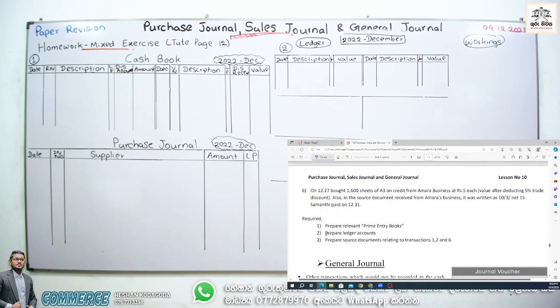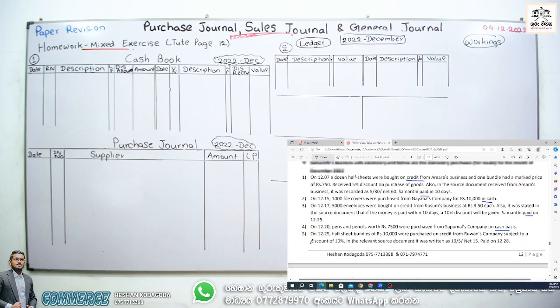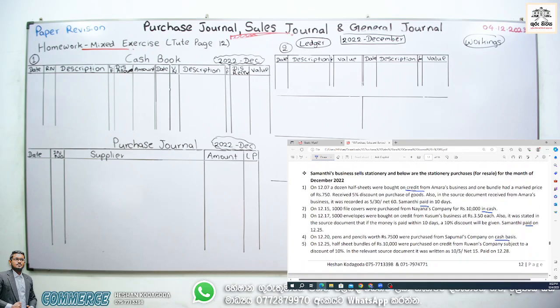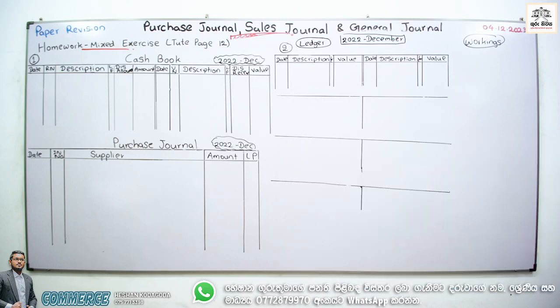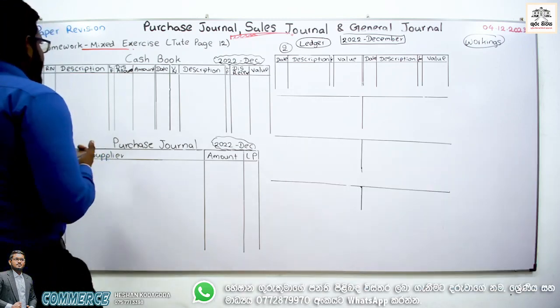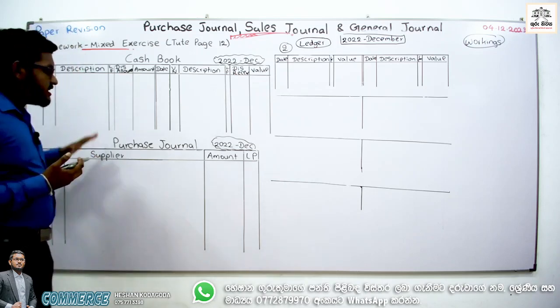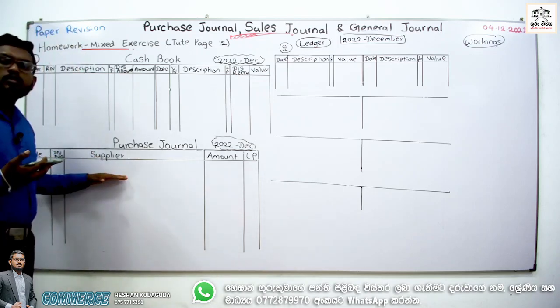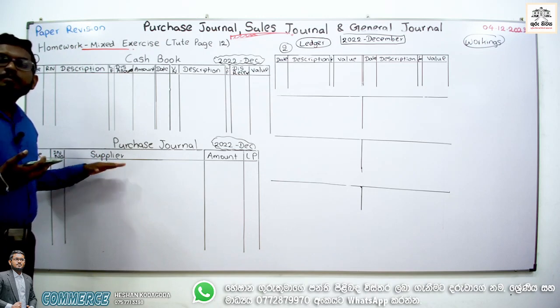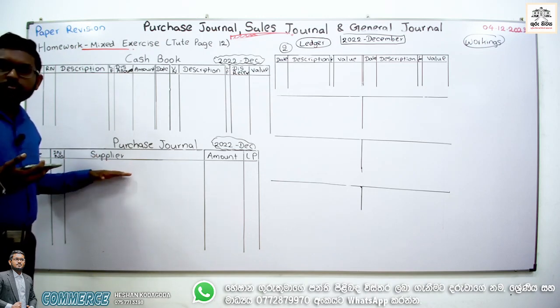So what is the requirement? Prepare prime entry books, ledger accounts, and source documents relevant to 1, 2, and 6. I'm not going to do this today. When it comes to this one, we need a cash book for cash basis purchases and cash payments. We need a purchase journal to record the credit basis purchases of trade goods.